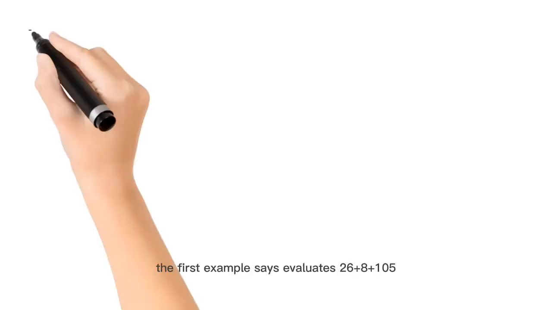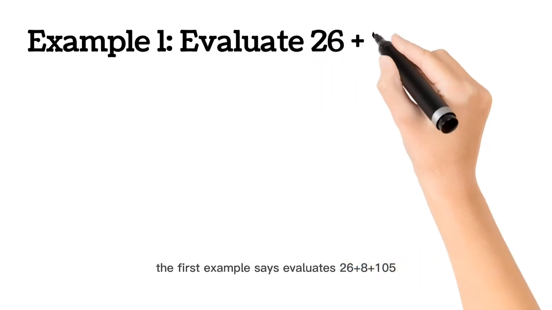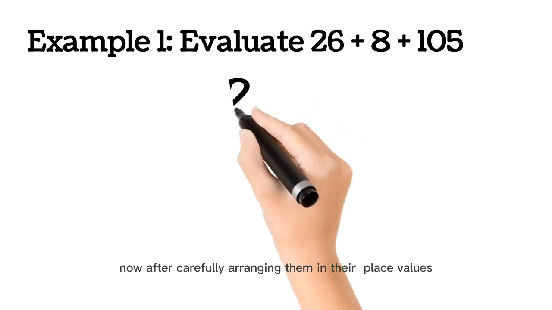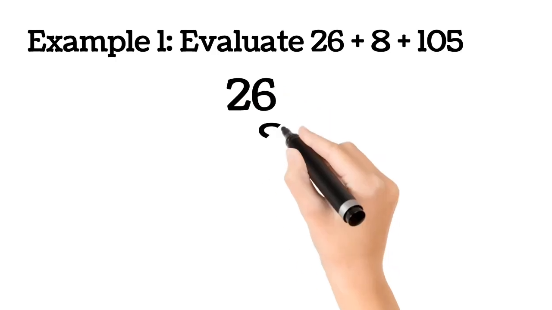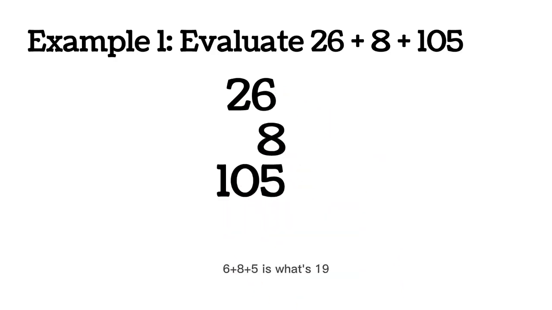The first example says evaluate 26 plus 8 plus 105. Now after carefully arranging them in their place values, we get something like this. So let's start. 6 plus 8 plus 5 is what? 19.